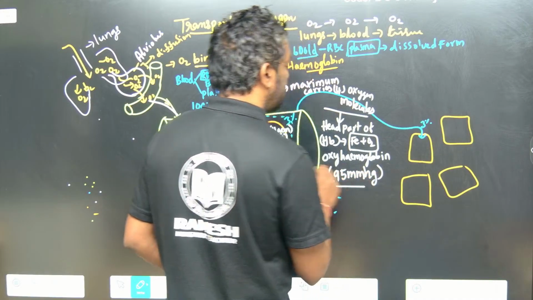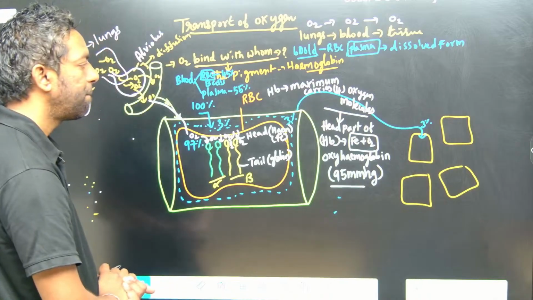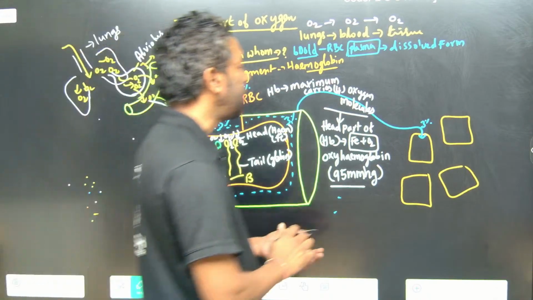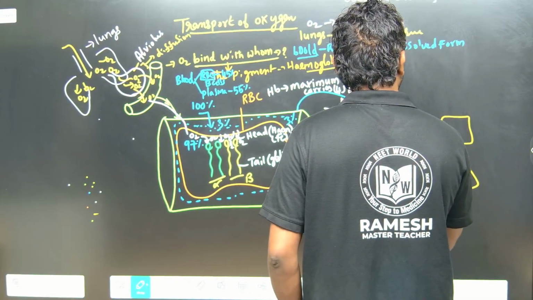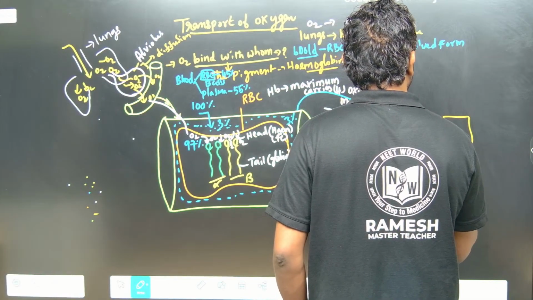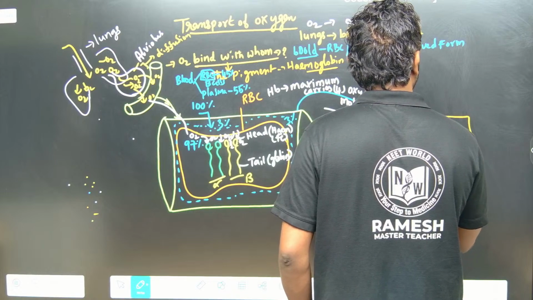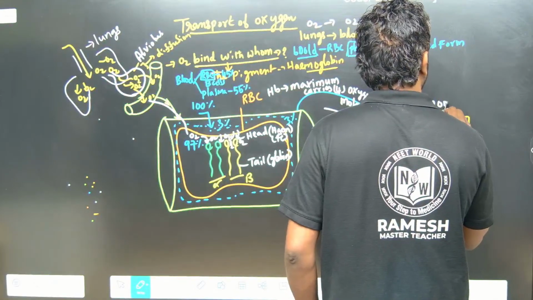In the oxyhemoglobin, at 100%, 100 ml of blood carries 20 ml of oxygen.